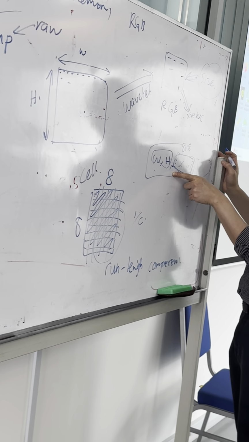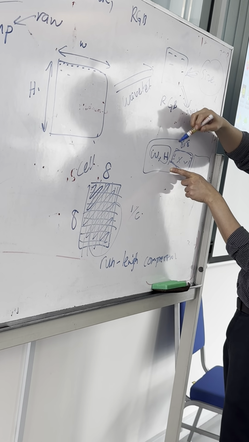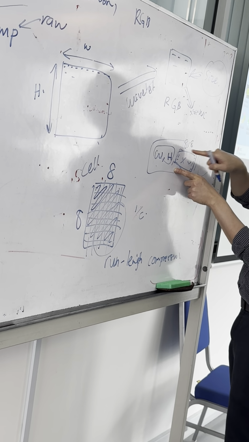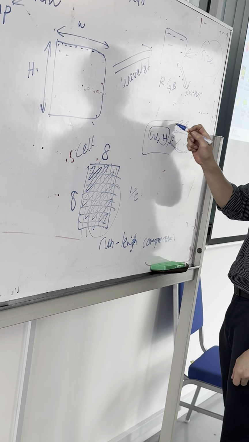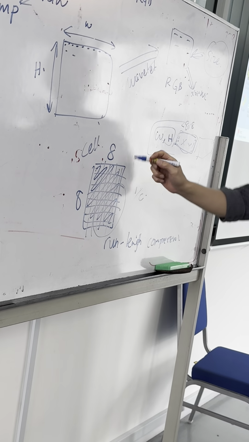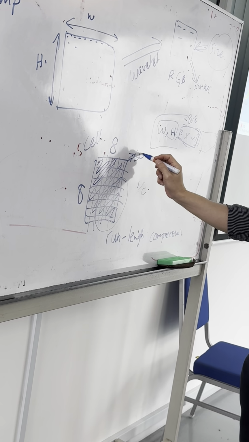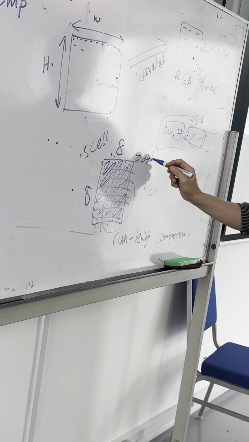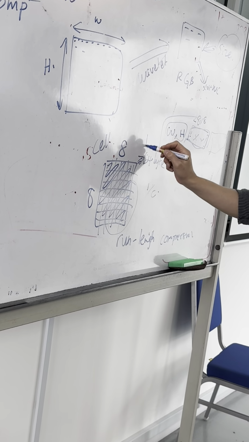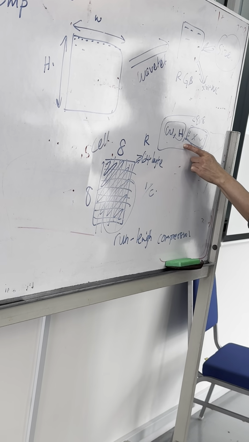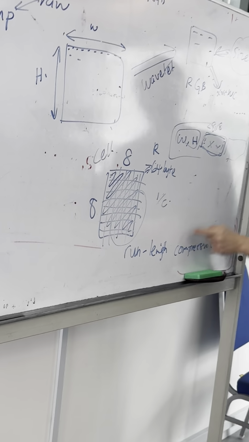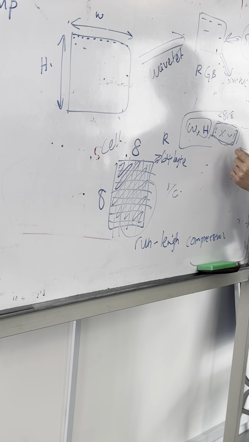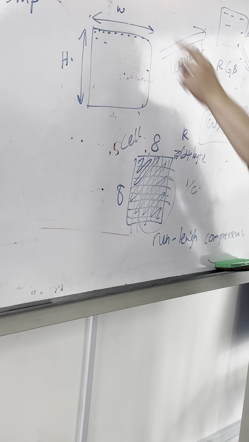Although here is 8 by 8, your cell would not be 8 by 8, it will be less than 8 by 8. 8 by 8 means 64 bytes for one color, maybe red color. Here it will be less than 64 bytes because of the run length compression. So your file will be smaller than the original one.